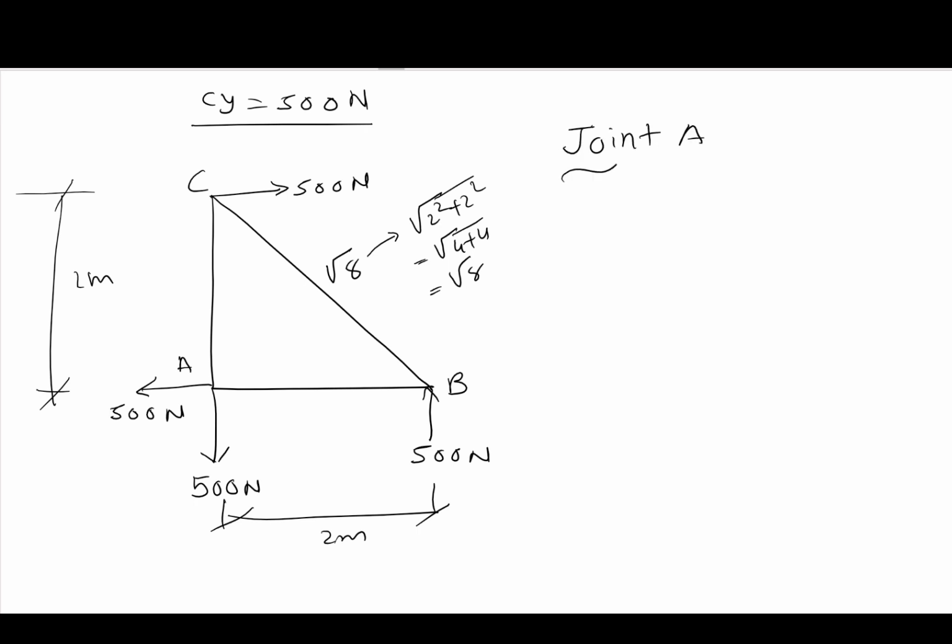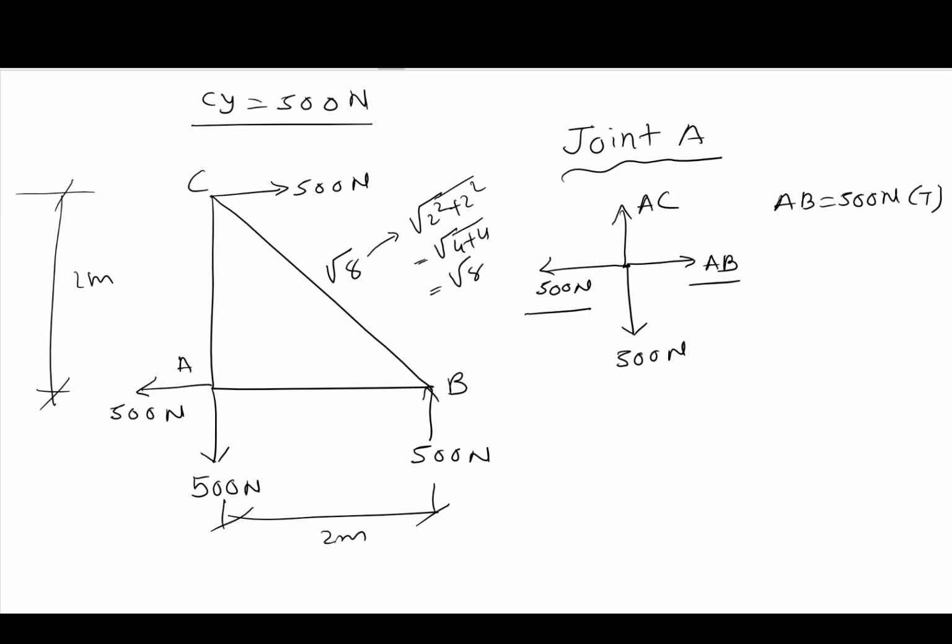For joint A, we draw joint A here, which has a 500 Newton force, and this is AB, and this force is AC. Now when you have a cross here, it is easy to see that AB equal to 500 Newton tension, because you can see these are opposite.